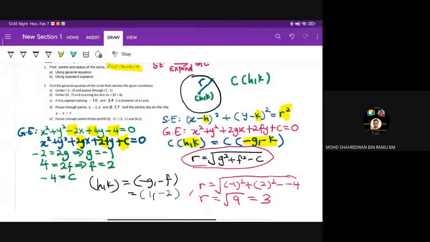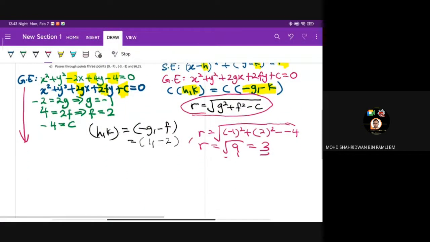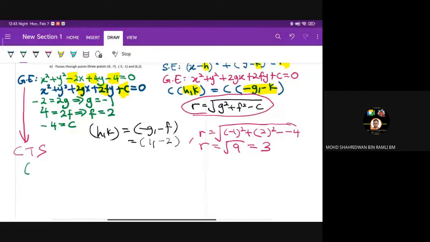Next, from the general equation, if the question is asking you to express it in terms of the standard equation, what are you going to do? You need to do completing the square. Since you have this general equation, first we set it according to variable: the bracket of x squared minus 2x, plus another bracket of y squared plus 4y, equal to the constant, minus 4 moved to the right side, which will be 4.